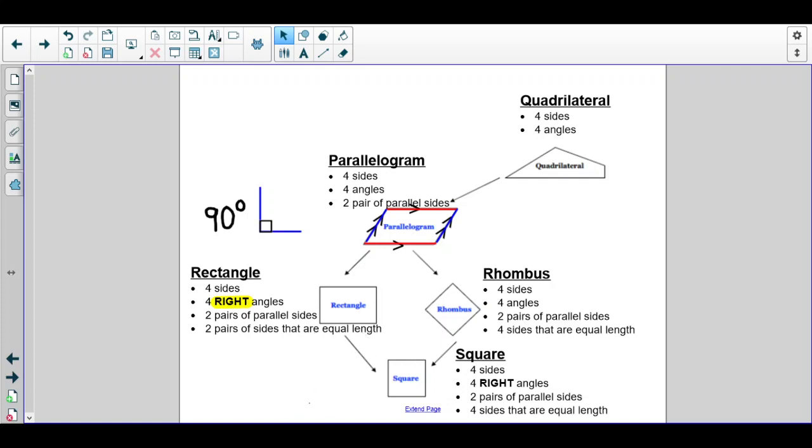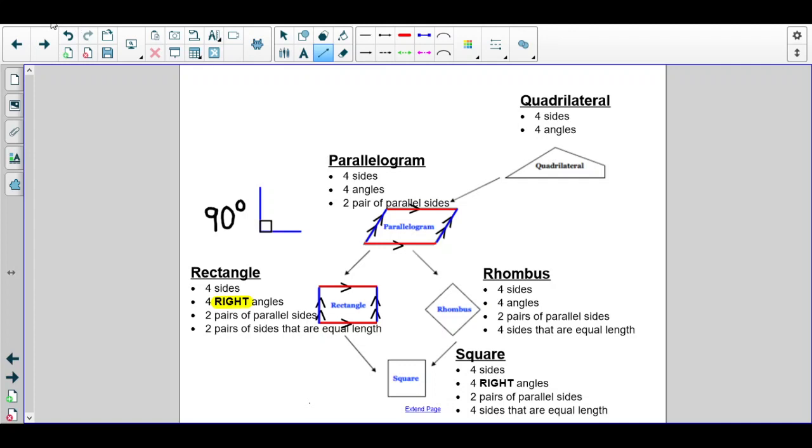So when we take a look at our rectangle, we have a set of parallel lines here, so one from here to here, and here to here. And our second set is from right there and right there. So two sets of parallel lines.